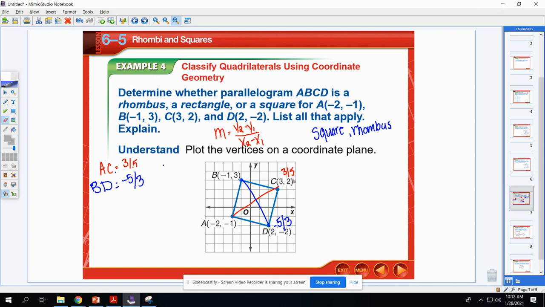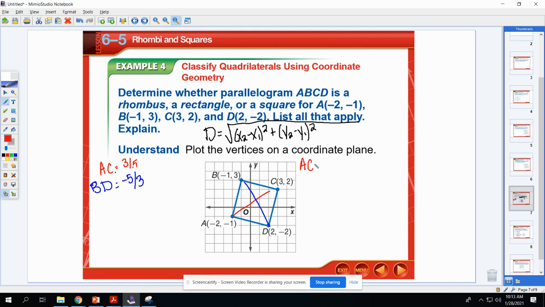So let's now go ahead and check the distance. For those of us that do not remember the distance formula, it's the square root of x2 minus x1 squared plus y2 minus y1 squared. All right, so we will plug that in. Again, we need to find the distance here. So we would start with AC, and I'm going to plug in all of our points.